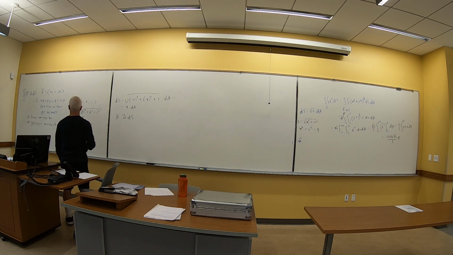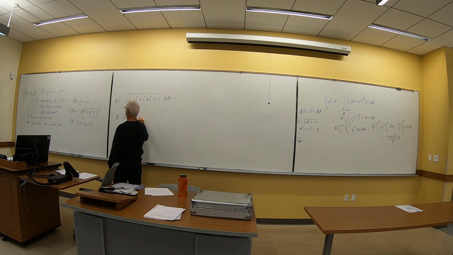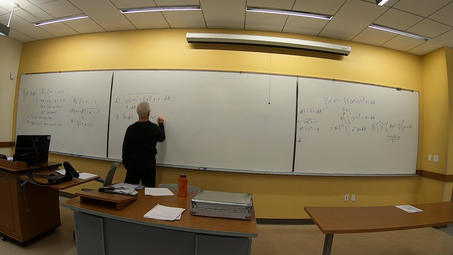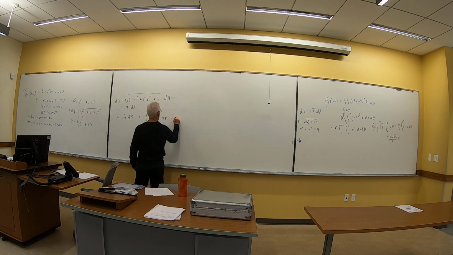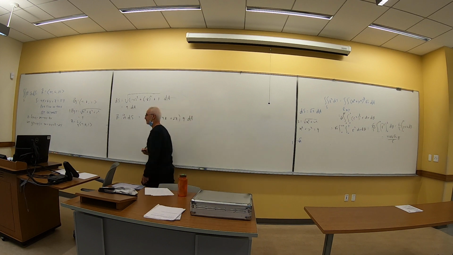Well, f dotted with n would be what? It's going to be 4y times 4, that's 16y. So I'm going to put 1/9 times 16y, 6 times 8, 2z times 1. And then it's going to be multiplied by 9 dA.